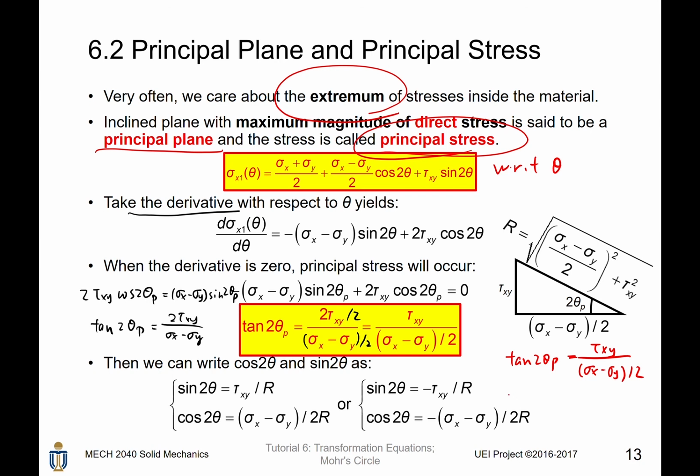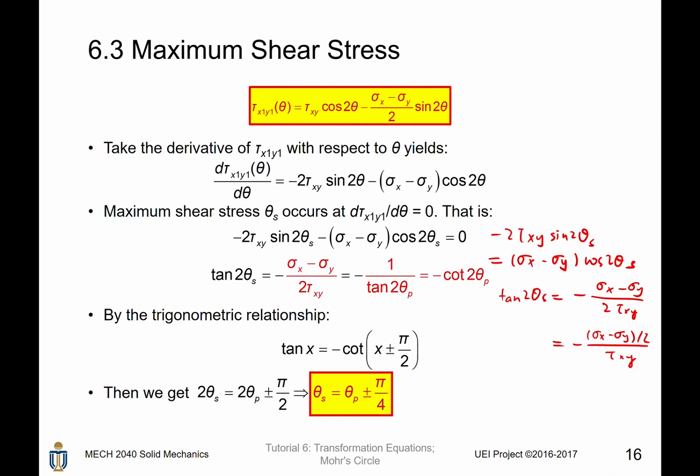Now we have tangent 2 theta s equals minus sigma x minus sigma y divided by 2, divided by tau xy. Immediately, you can find the relationship that tangent 2 theta p equals minus cotangent 2 theta s. We can also write it in this form: tangent 2 theta s equals minus cotangent 2 theta p.